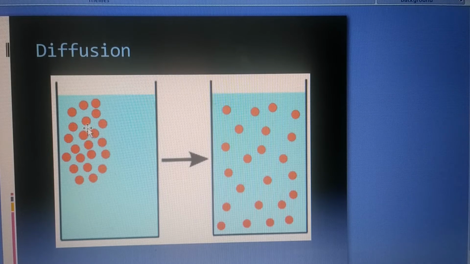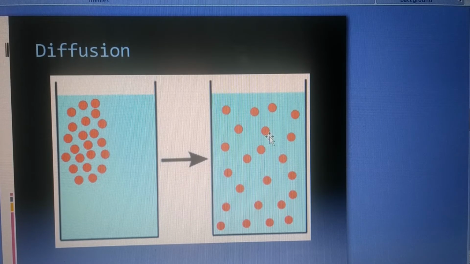When you put red ink, wherever you have put the ink, it will first look like a red drop. Slowly these molecules of the red ink spread into the entire water, and after some time you can see that the entire water has turned a light pink or light red color.